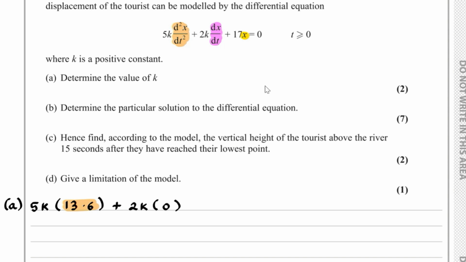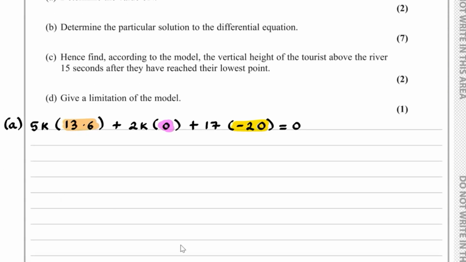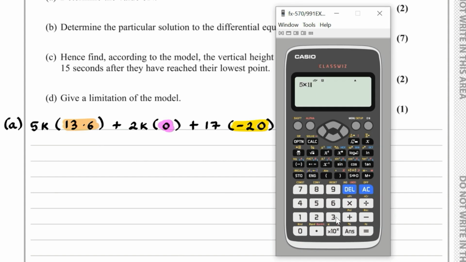The velocity is 0, plus 17x, so we add on 17 lots of minus 20. This is all equal to 0. So we can find out what k is. 5 times 13.6 is 68. So we have 68k equals, well, 17 times 20, that's 340. So 68k is 340.